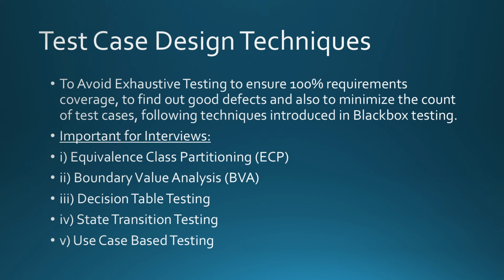Due to this reason, we have to consider the middle values always, that is, in between, what are all the years we can have, like 91, 92, 93, 94, 95, 96, 97, 98, 99. 2001 I will avoid. It is not required. We can take upper boundary value up to 2000 only. We can avoid upper boundary value plus 1, that is, the 2001 year. So these are all the input conditions we will get with the help of this boundary value analysis.